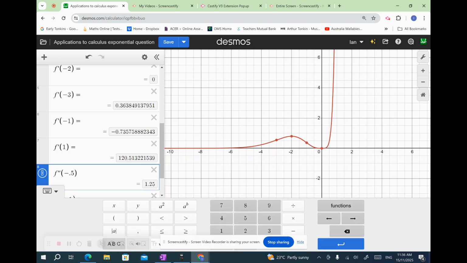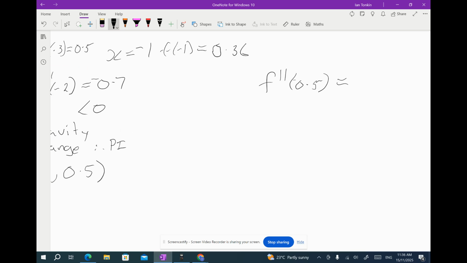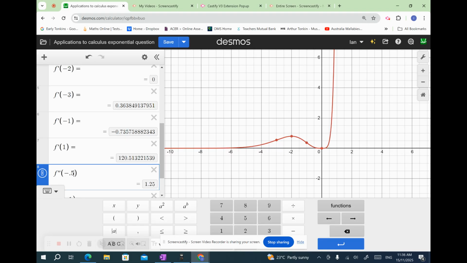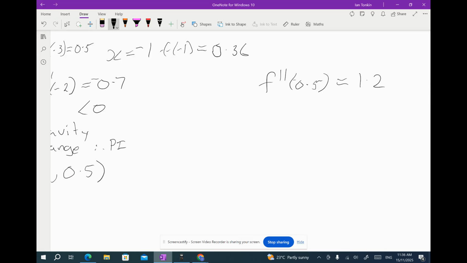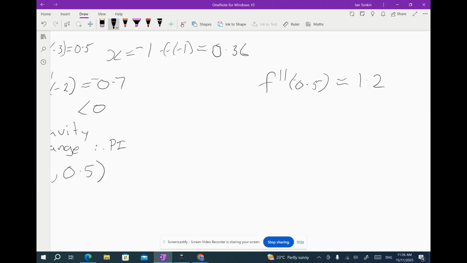And it's 1.25. Oh, did I put -0.5? I better double check. Yeah, I did. What did we say it was? 1.25, didn't we? 1.25, which is greater than 0. Therefore, concavity changes from negative, look, you can see here, from negative to positive.